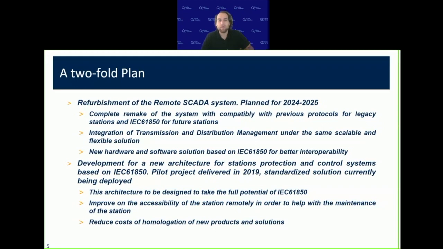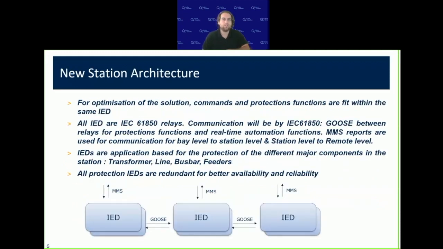So by using 61850 and the common model, as we'll see in a few minutes, this helps to reduce the cost of homologation in those solutions. This new station architecture has been optimized to have as few IEDs as possible in order to have fewer boxes.